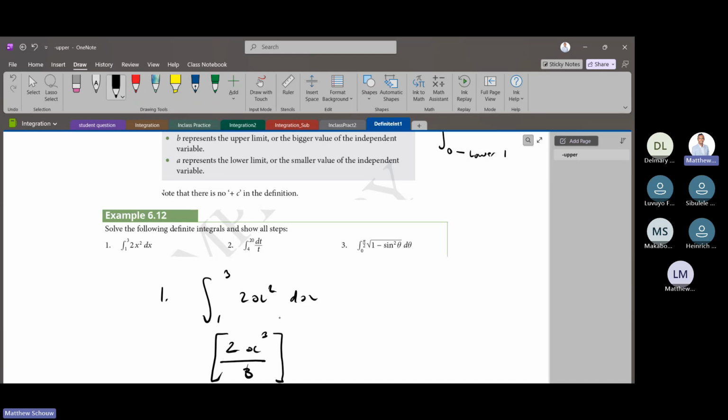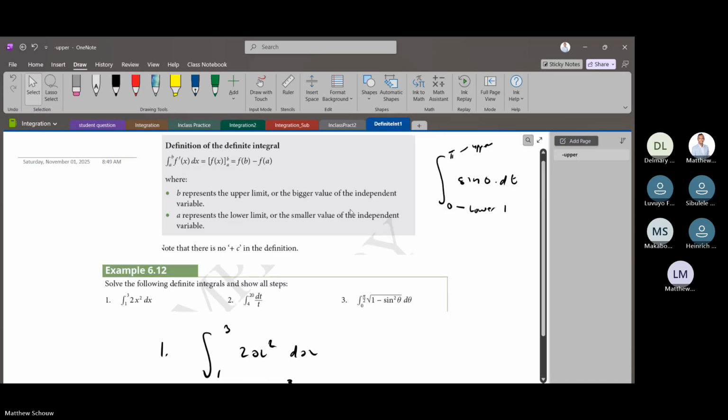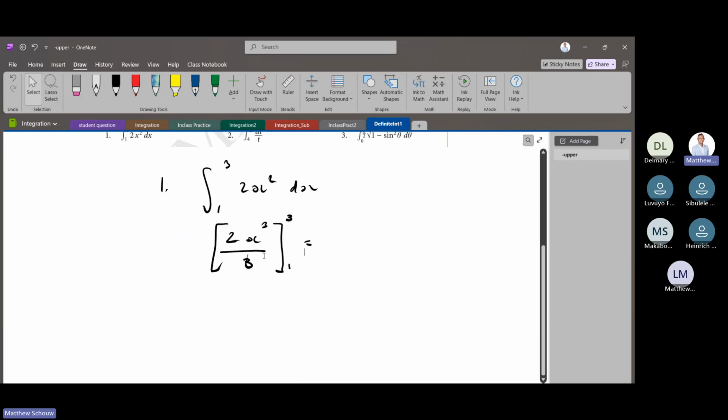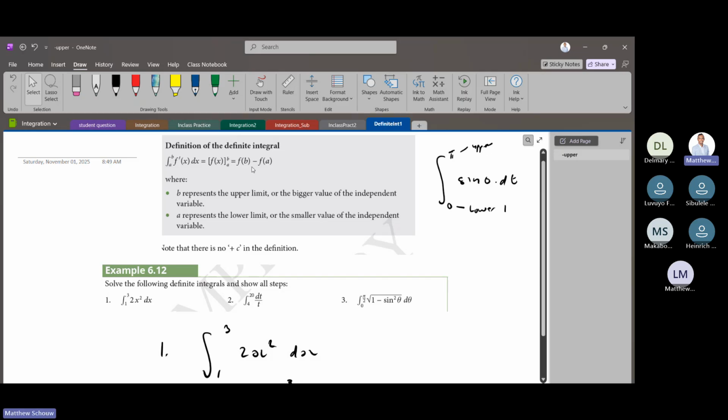You put in the upper bound, the high limit, and the lower limit. To obtain that definite answer, you state F of b minus F of a. So all we have to do is substitute b, the upper limit, and then subtract the lower limit, a.